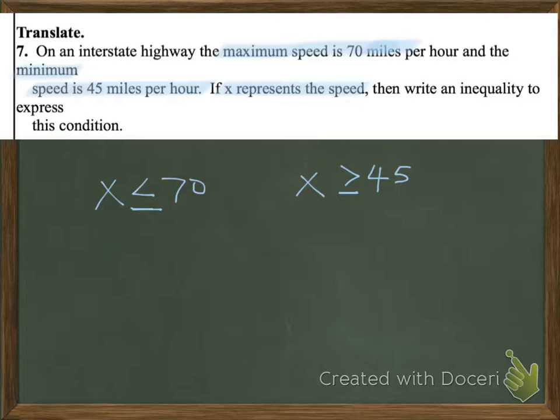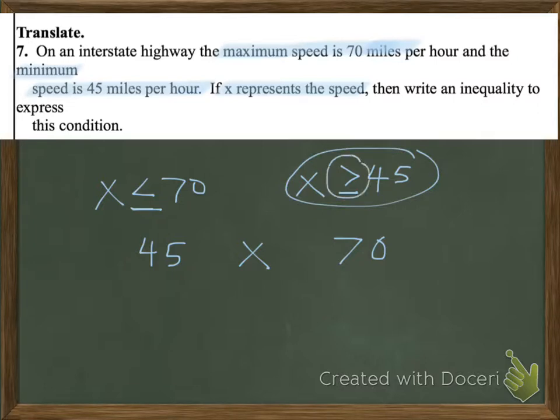So I'm going to rewrite this. Let's rewrite this to make it easier. Let's stick x in the middle. And then what you do is you put your minimum number, your smaller number, on the left side, and your bigger number on the right side. And then you put in the inequality. X is what to 45? Look here. What is this sign? X is greater than or equal to 45. What about x compared to 70?